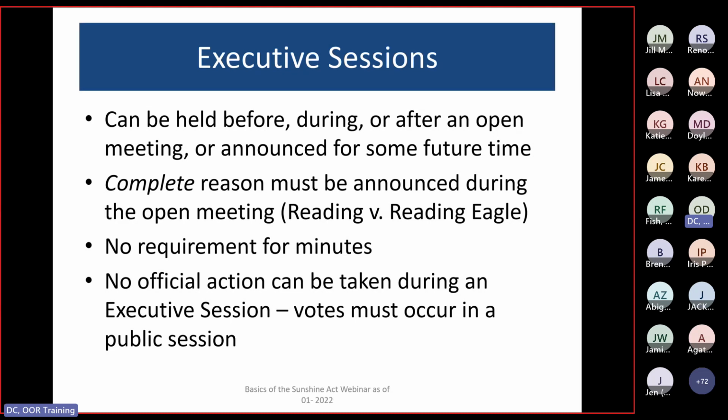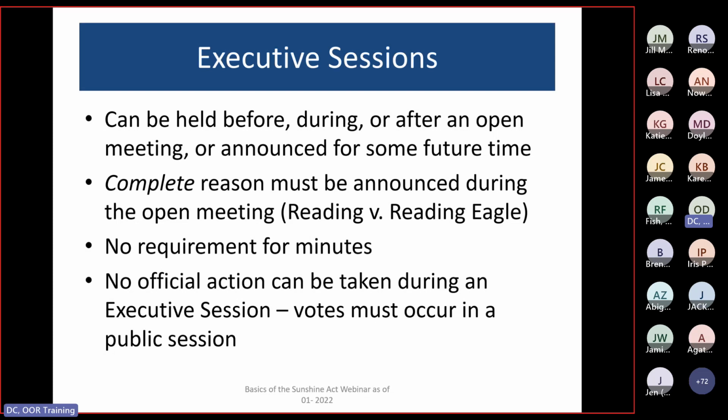And the courts agreed. It went all the way up to the Pennsylvania Commonwealth Court, and there was language in the Reading Eagle case where the courts basically said, you need to give enough of a reason to satisfy the public's trust that you're meeting in secrecy for a good reason, a valid reason. So, for instance, rather than saying just for personnel reasons, you would say something to the effect, we need to discuss whether it's appropriate to suspend one of our employees due to a work rule infraction.